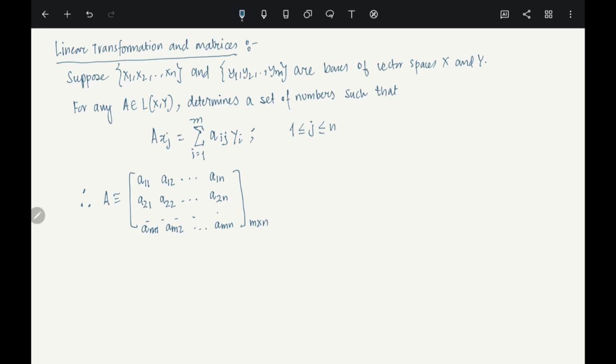So essentially, if you have a linear transformation A from X to Y, then A can be visualized as a matrix, an m cross n matrix.